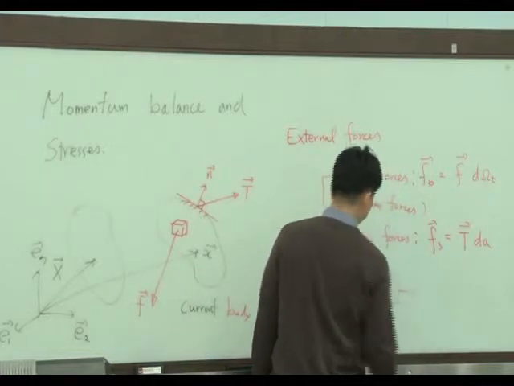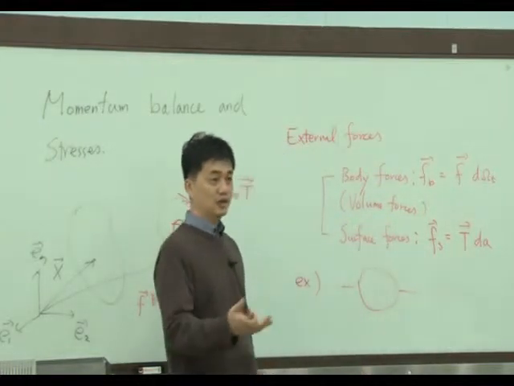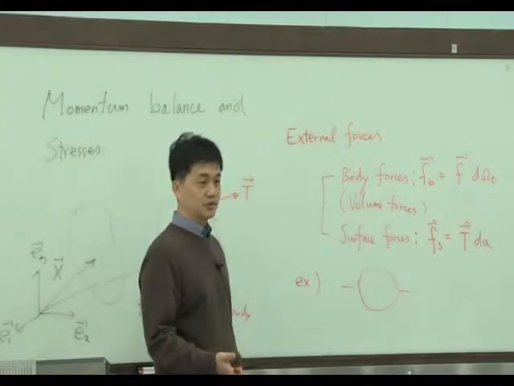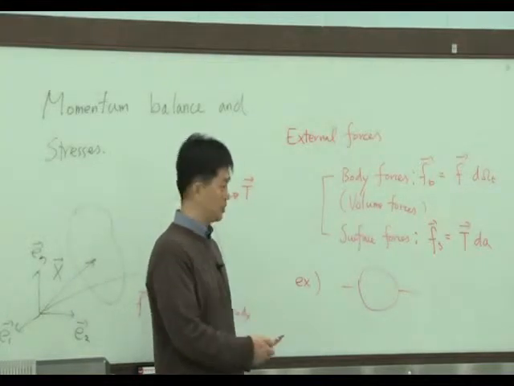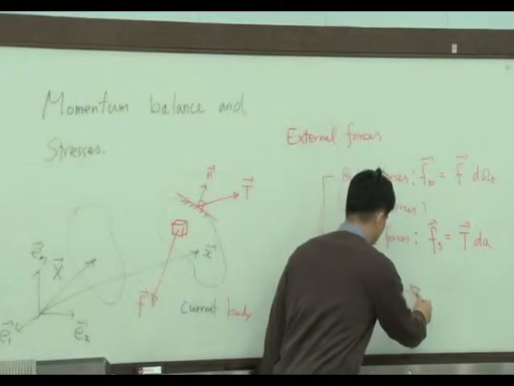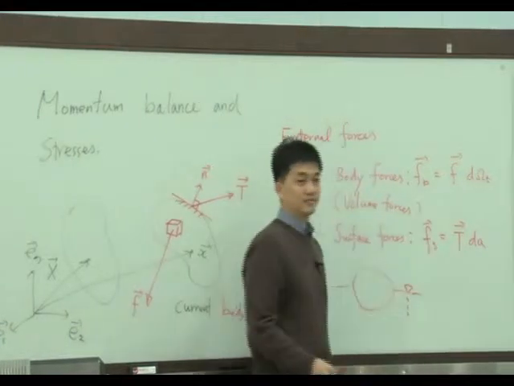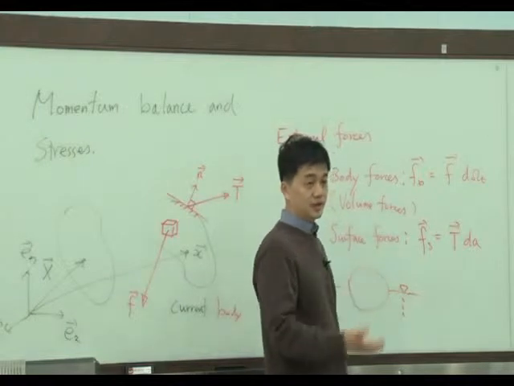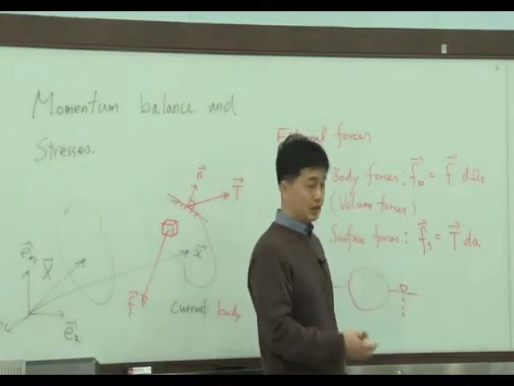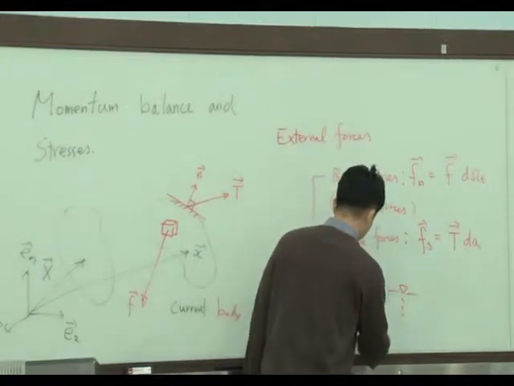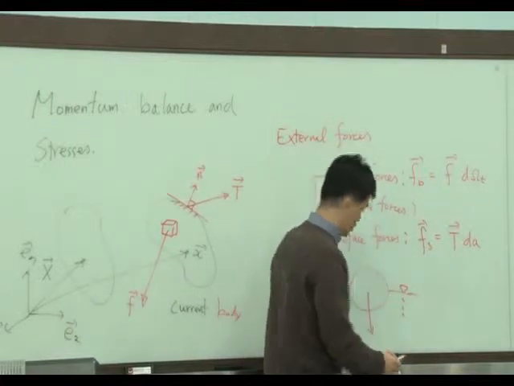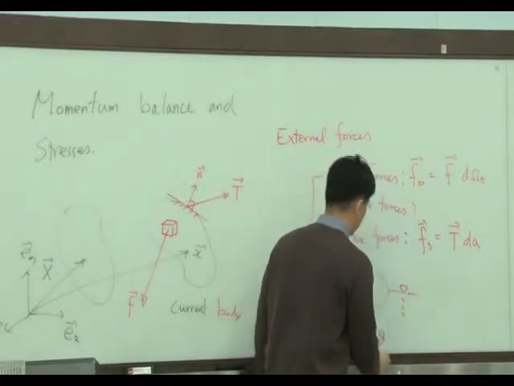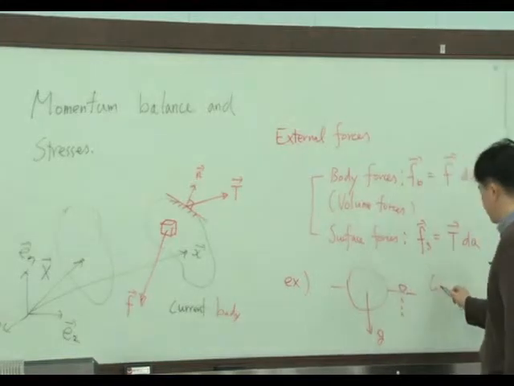What kind of external force is applied on this floating structure? Okay, gravity. Yeah, very nice. So is it applied to the surface or in the body? Right, gravity. It's due to the gravity constant g.